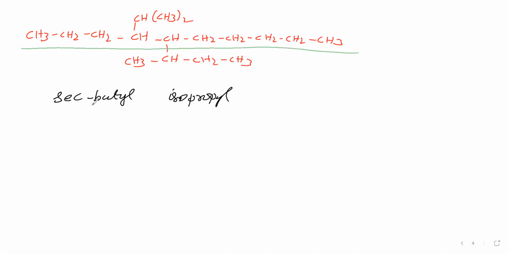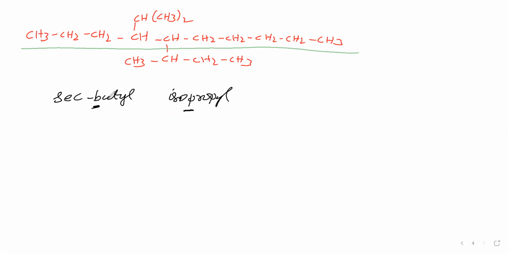Here we have to see the first letter, that is B for butyl. Secondary, the S, we should not take. In the same way, in isopropyl, propyl, the P, we have to take. So B and P: the first letter is B and next P. Therefore secondary butyl first, next isopropyl.